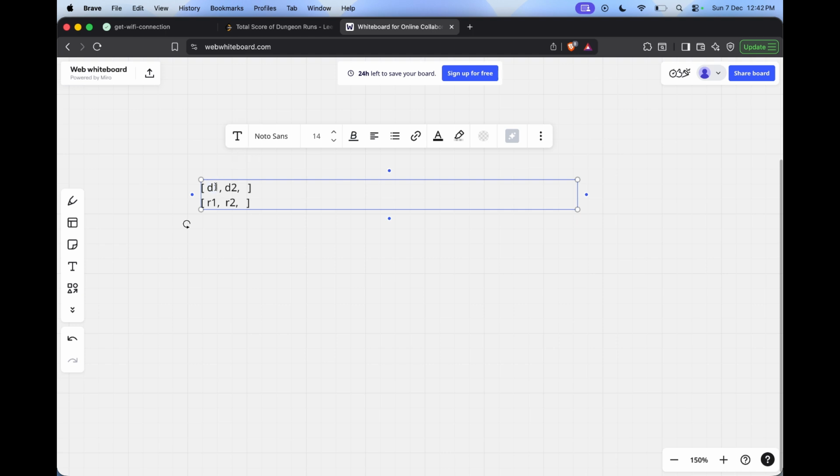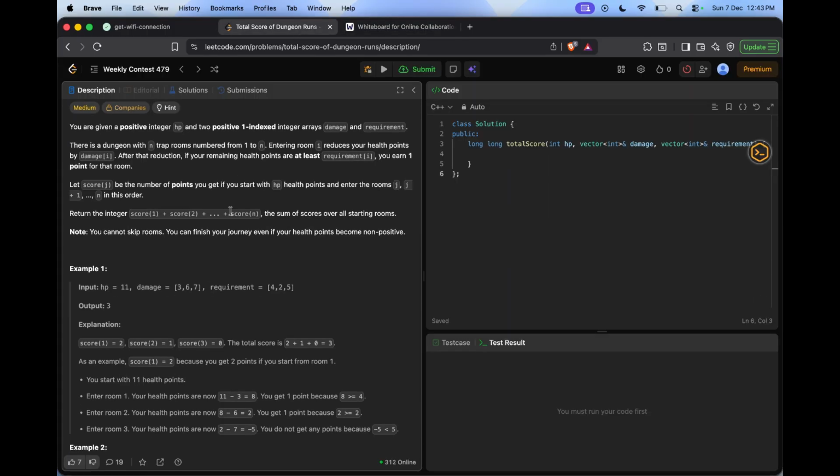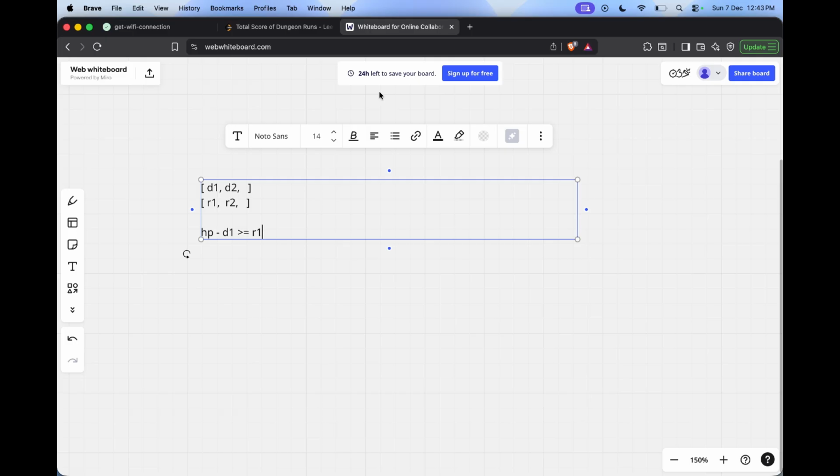So his health points are HP minus D1. Now this HP minus D1, if it is greater than or equal to R1, then that person gets 1 point. Else he does not. Alright. Now for each starting value, let's say the person starts from index i, then index i stores how many points he can earn if the person starts from the ith index.